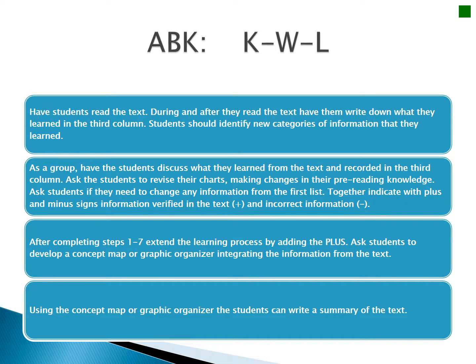Together indicate with plus and minus signs information that was verified by the text, or did they think they knew something that they didn't know? They can put a minus sign by those things. This is really teaching them to integrate and assimilate their knowledge and reject thinking that was flawed. An excellent process for us to all learn to do.